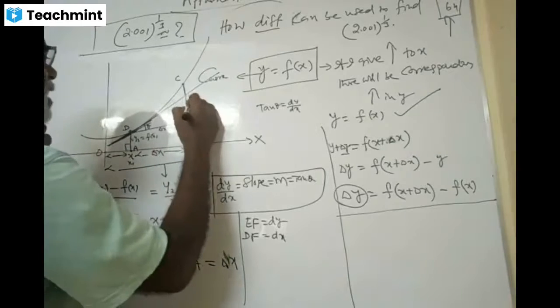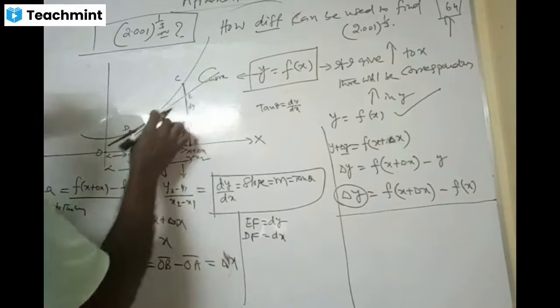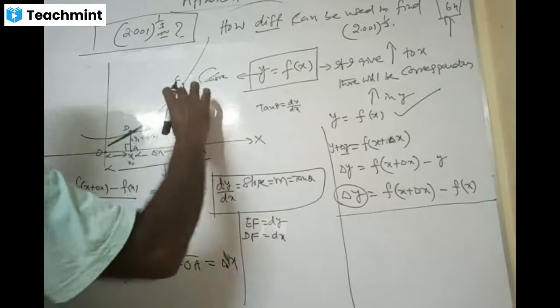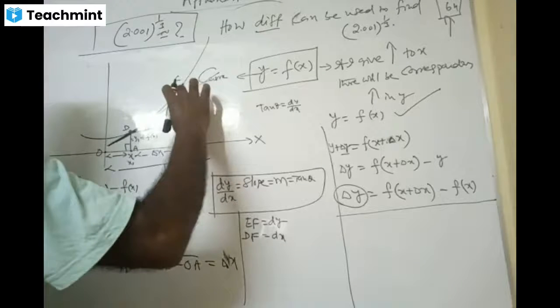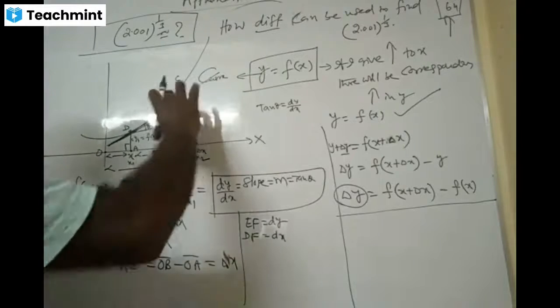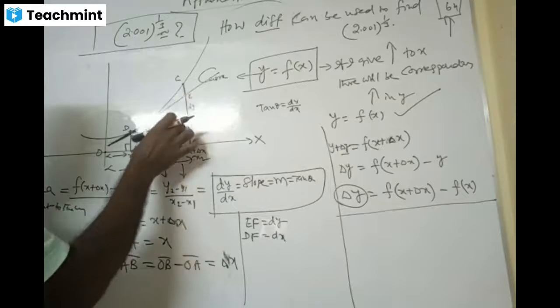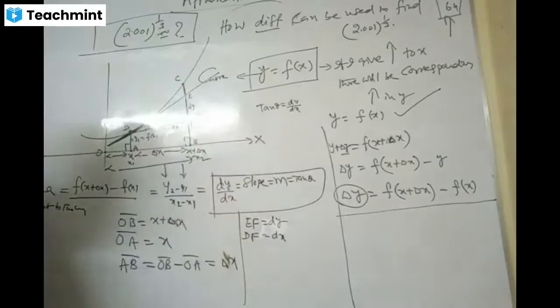That's why this is called dy and this is called dx. Therefore, the derivative is the rise by run, the vertical by the horizontal, called the slope, dy by dx.